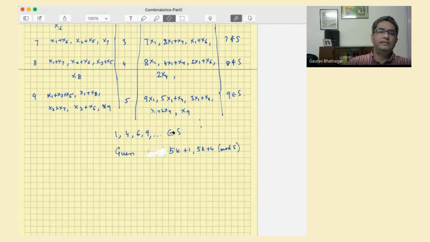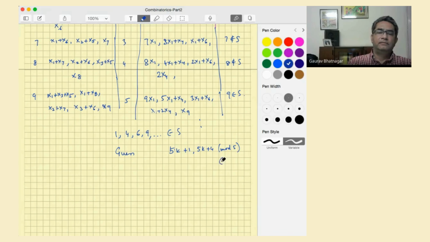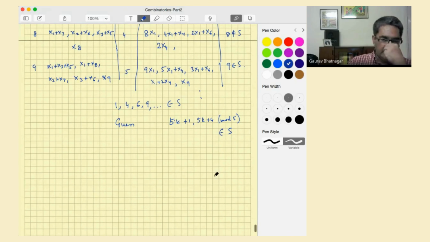Let's write it like this. Those belong to S. Okay, so that is Andrew's approach for discovery of the first Rogers-Ramanujan identity.